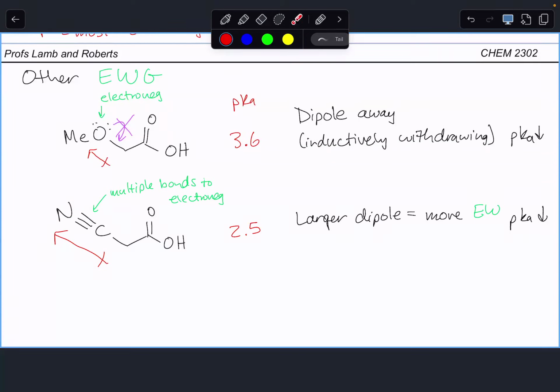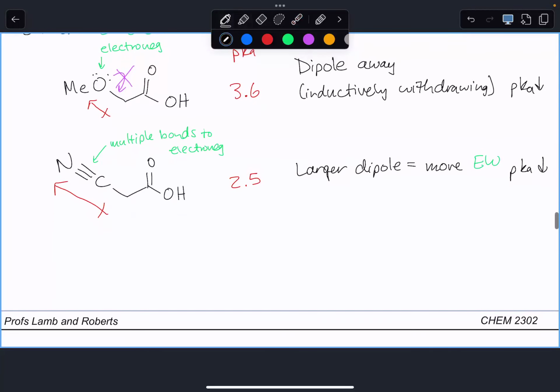Yeah. Okay. If we go even more electron withdrawing, so if we were to add a nitro group, for example, so let's remind ourselves what a nitro group looks like. So this nitrogen is actually positively charged, right? It's actually positively charged.